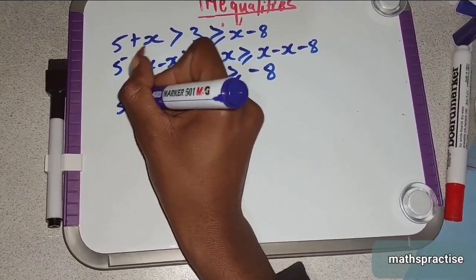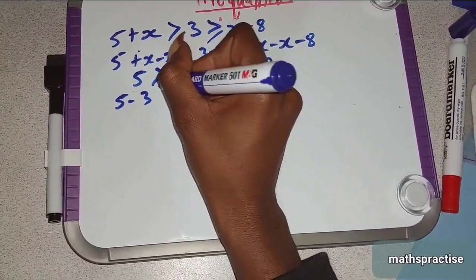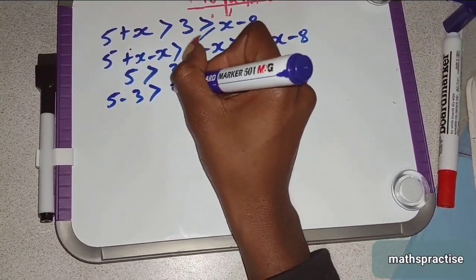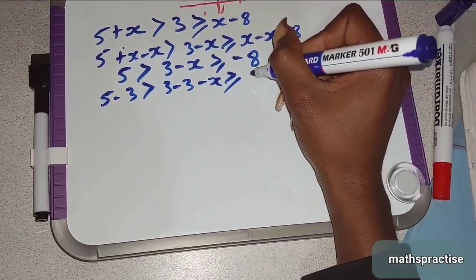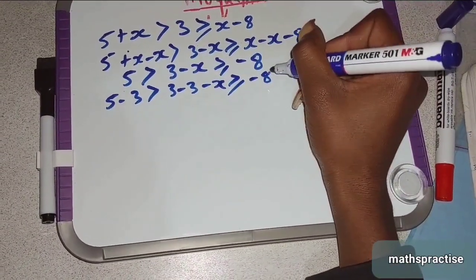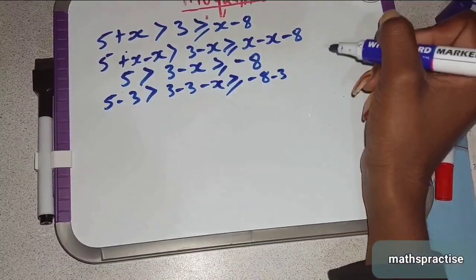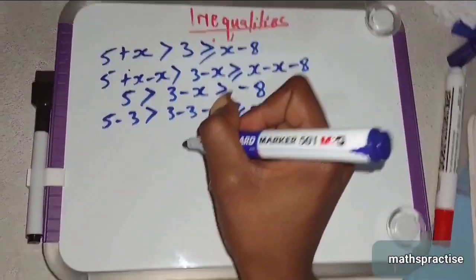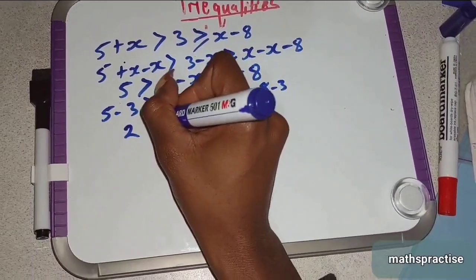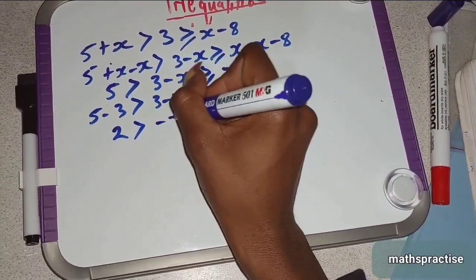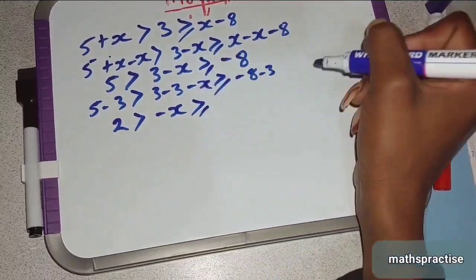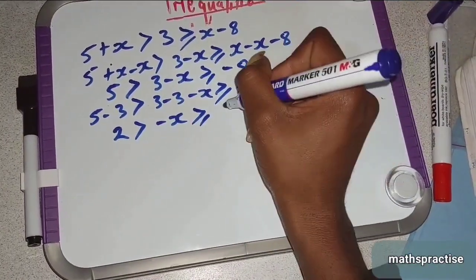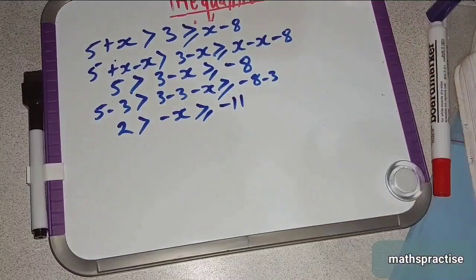So we have 5 minus 3, which is 2, greater than minus x, greater than or equal to minus 8 minus 3, which is minus 11.